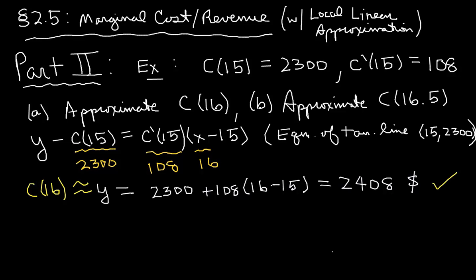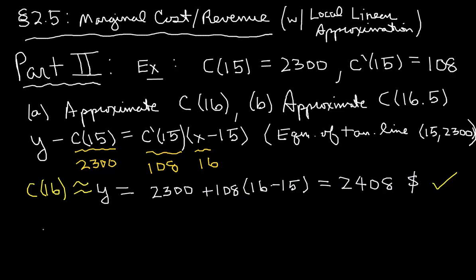Let's do part B. So we want to approximate 16.5 now. Again, we're going to use a linear approximation to the function C, and all we know is the marginal at 15 and the actual value at 15. So how much does it cost to produce 16.5 items, for example?